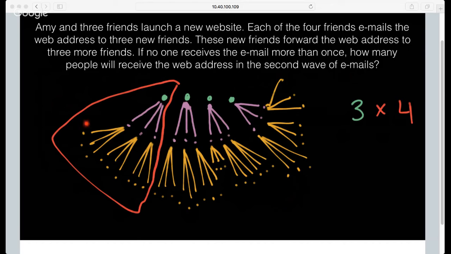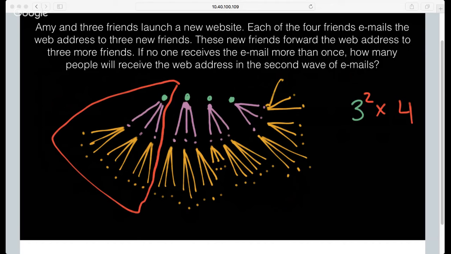So I have 3 here because Amy, in that first wave, mailed out 3. That's like 3 to the first power. It's just 3. But then those 3 emailed out again, 1, 2, 3, 1, 2, 3. So now we have a second wave, 3 groups of 3. 3 times 3 is an exponent, 3 squared.